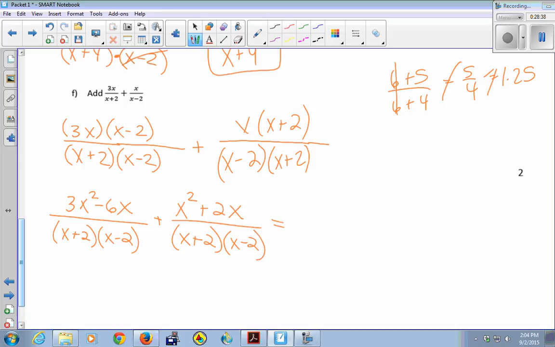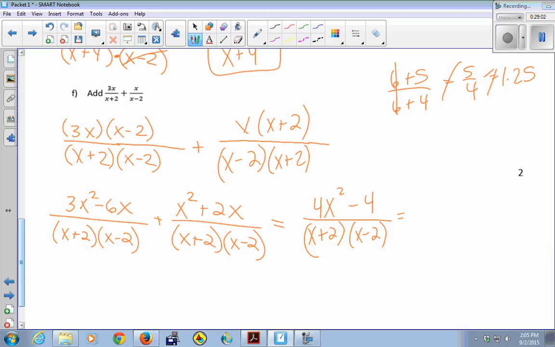And then I can combine like terms in the numerators. 3x squared plus x squared is 4x squared. Negative 6x plus 2x is negative 4x. Over x plus 2, x minus 2.